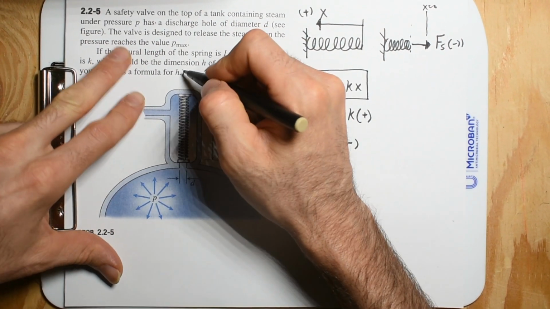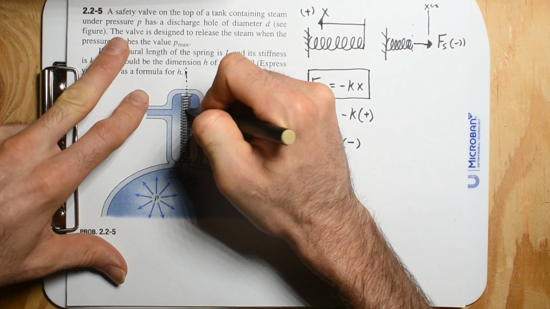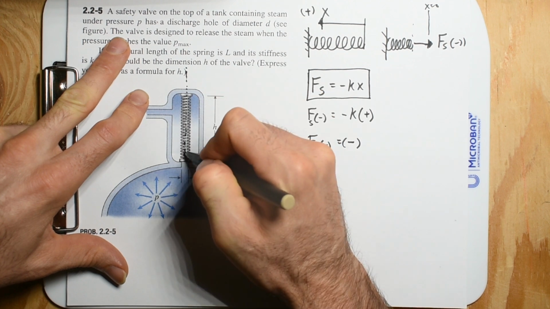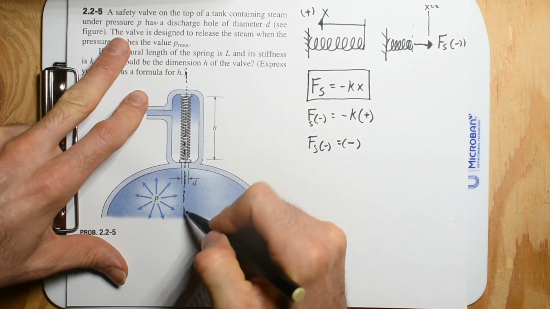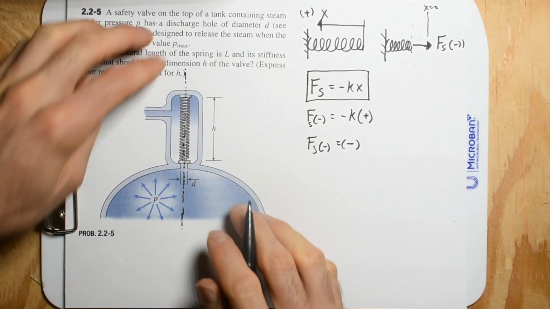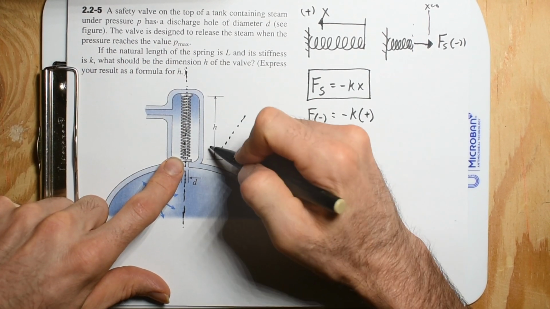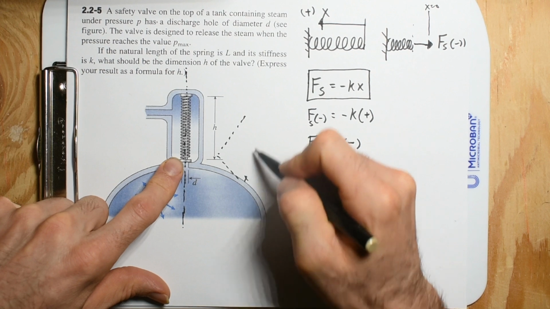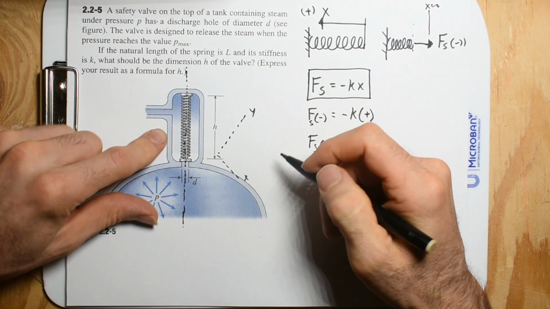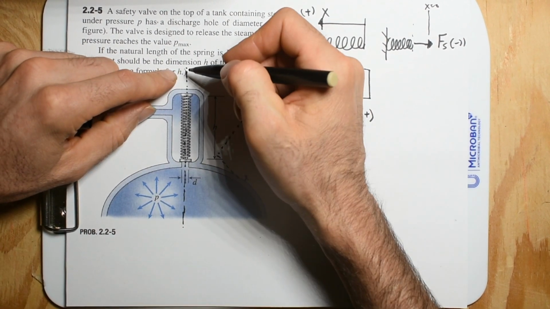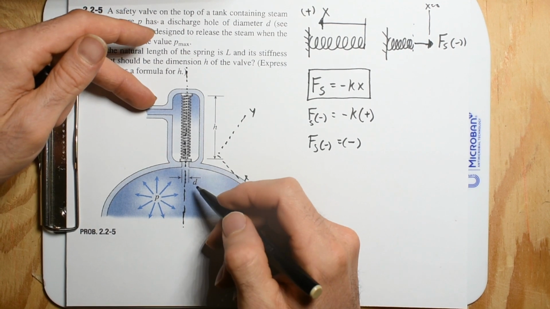So any problem that you have dealing with a spring, if you want to do it from a technical perspective, I would draw a line in the direction of the spring, because you can't have your x and y be that way or something like that. And then you just have to pick.